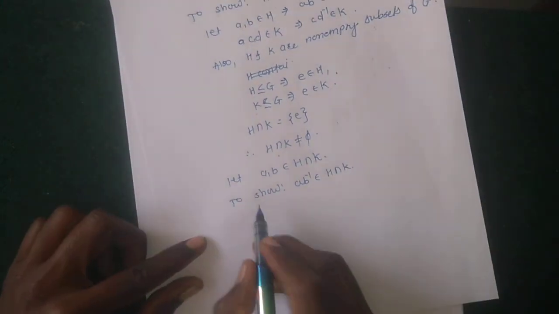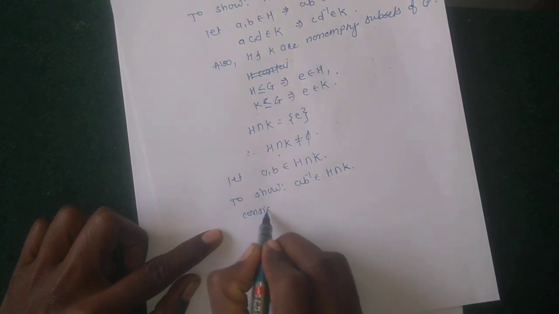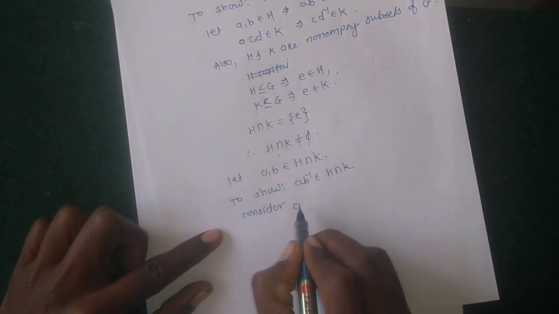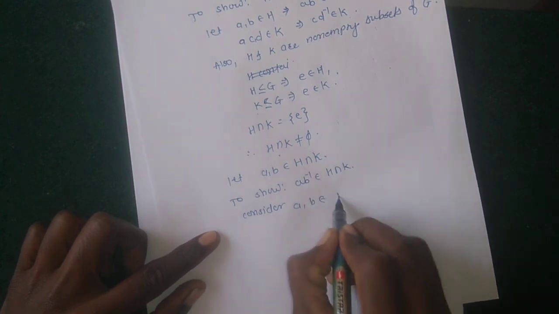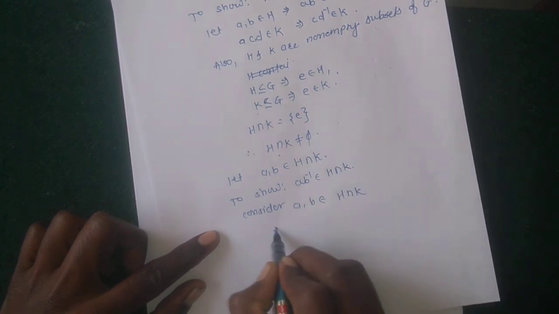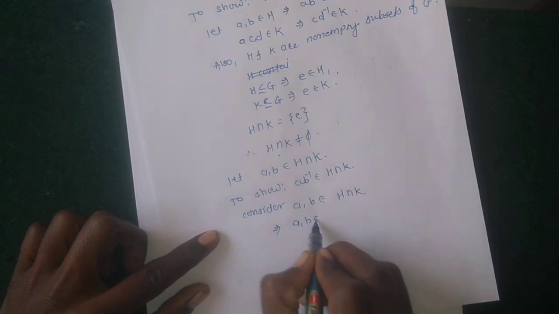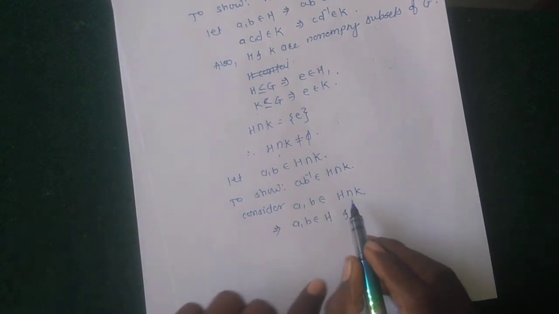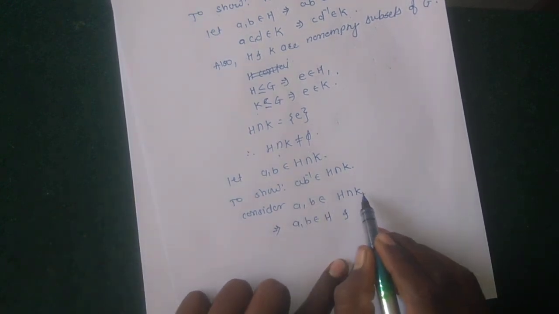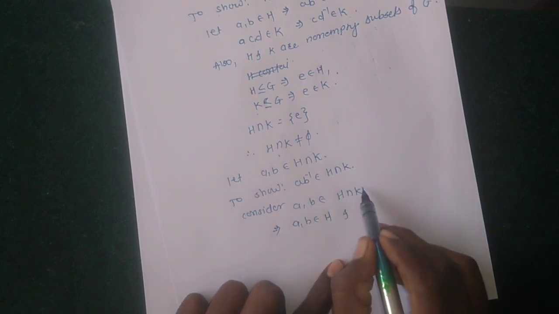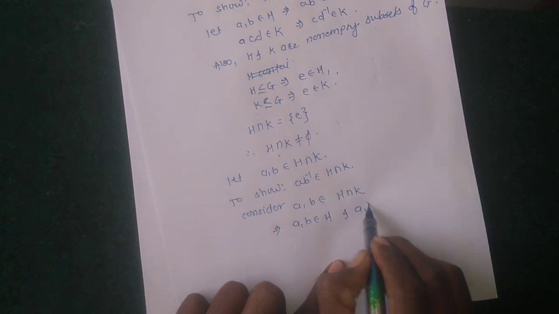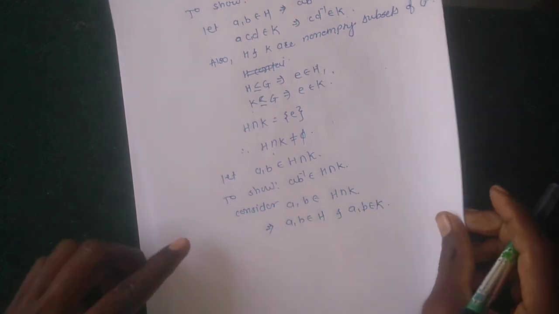Consider a, b belonging to H intersection K, which implies that a, b belong to H and a, b also belong to K.